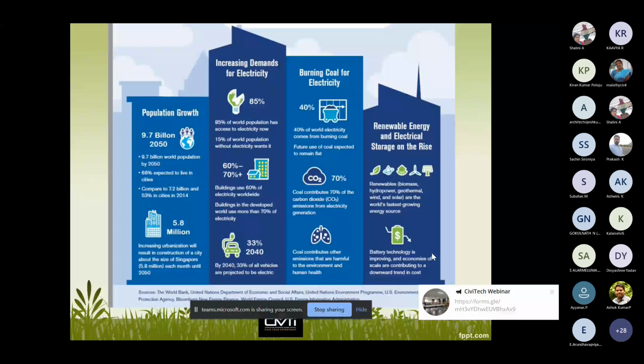Even with vehicles now, the government is encouraging electric vehicles to reduce the carbon footprint. And the population is also increasing day by day, and the resources available today should be available for the near future also, for future generations. That is the main objective of green building.